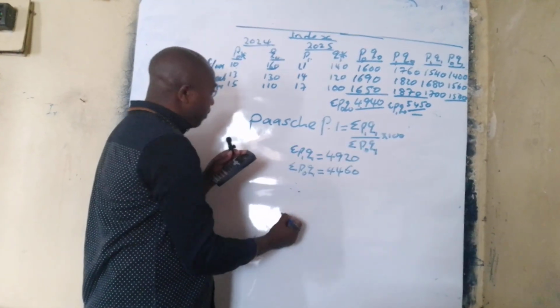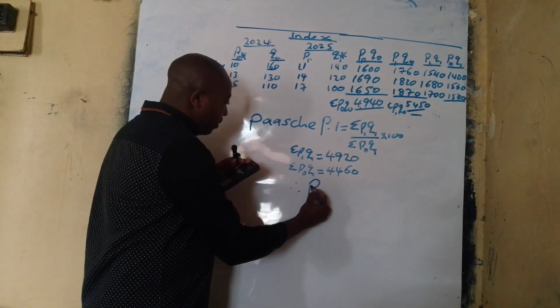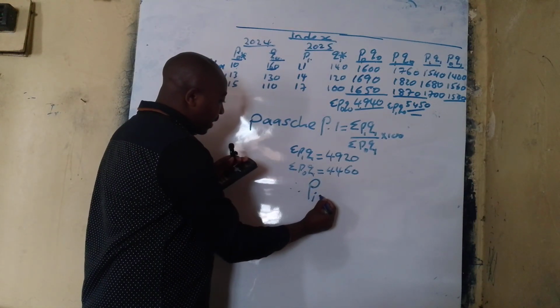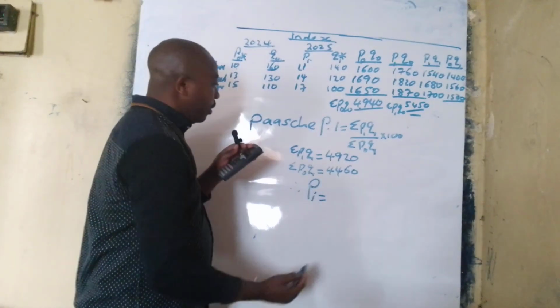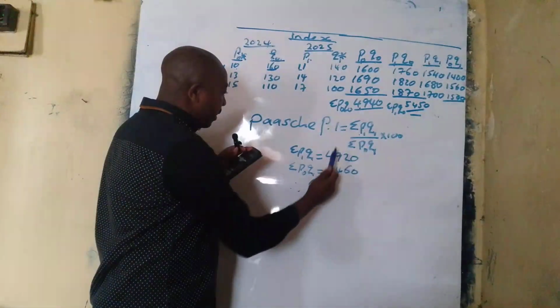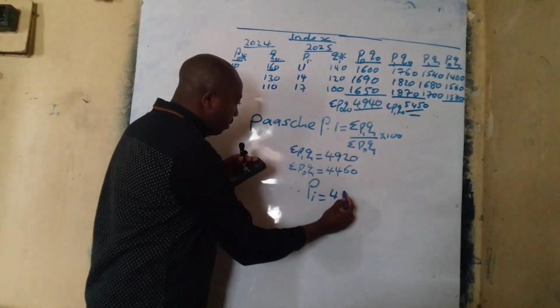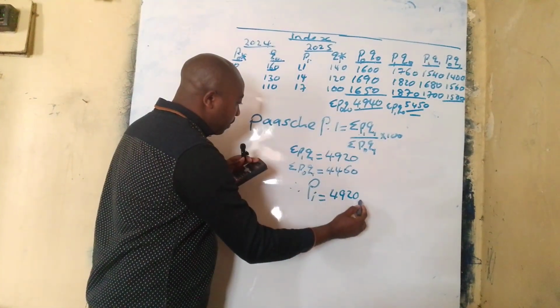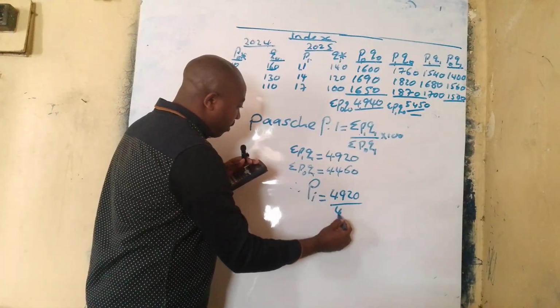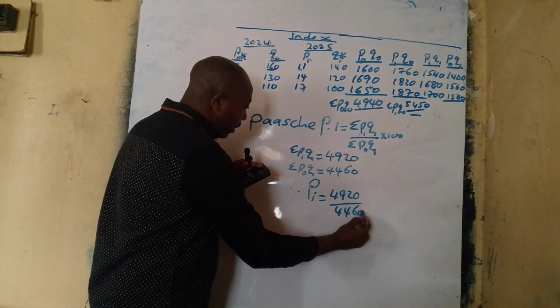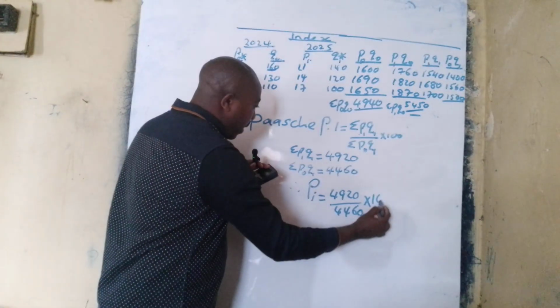So therefore, the Paasche price index equals P1Q1, that is 4920 all over 4460.